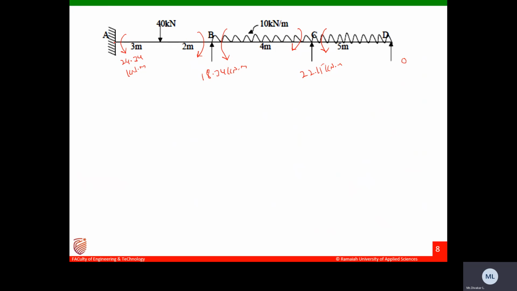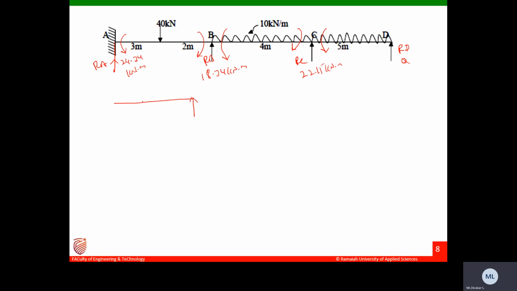So let us say you need to find out now support reactions. Let us say this is RA, and this is RB, and this is RC, and this is RD now. Now what you have to do? Now you can separate this. You can separate and write down those beams, and you can find out what is the support moment. So now we can divide this separately. I can write down the beams.